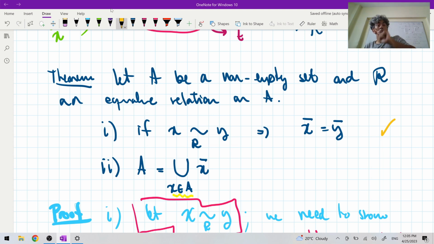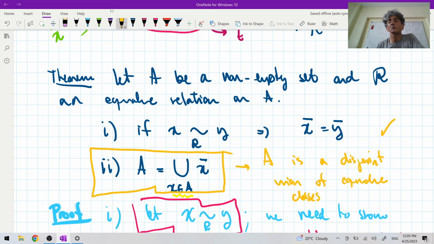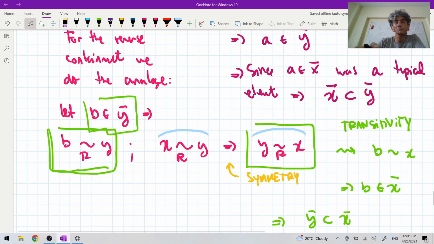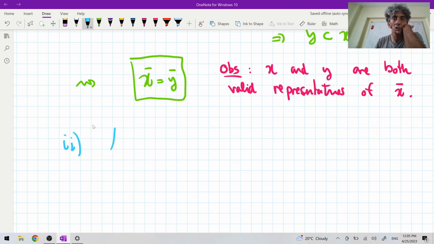And then we're going to show that A can be expressed as a disjoint union of equivalence classes. So we're going to show number two.